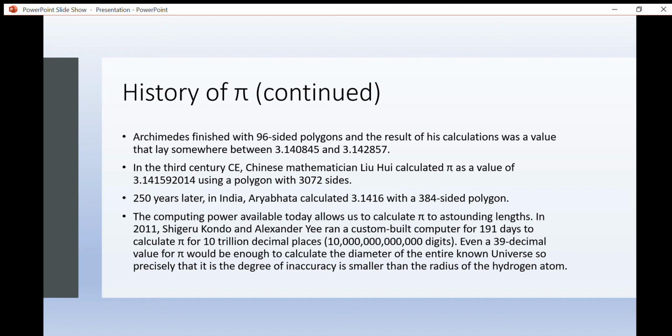That made it even more accurate, because the more sides a polygon has, the more accurate pi is.